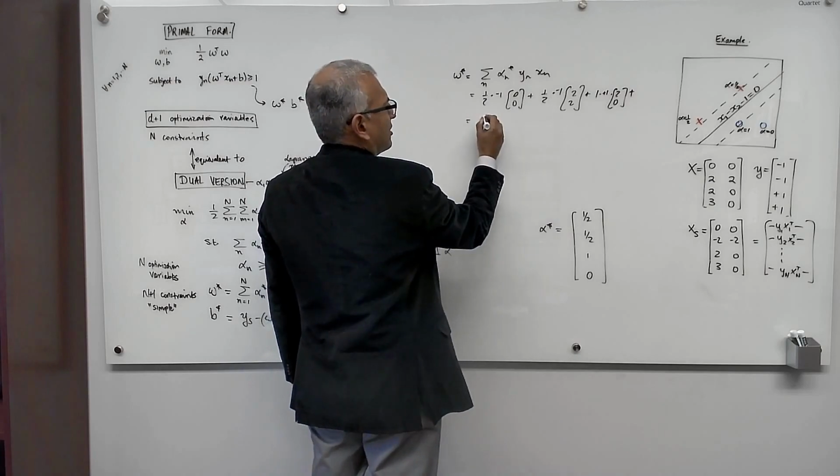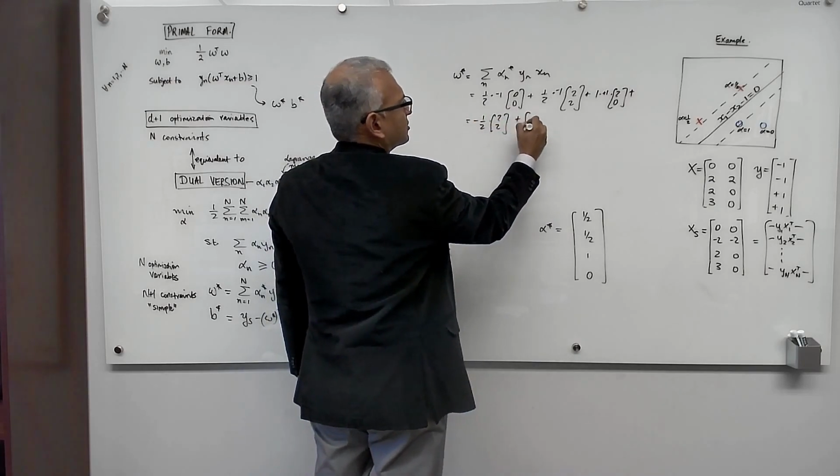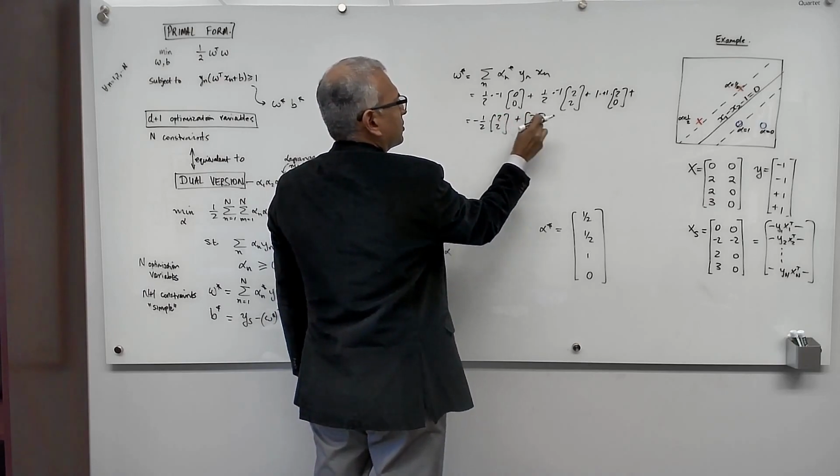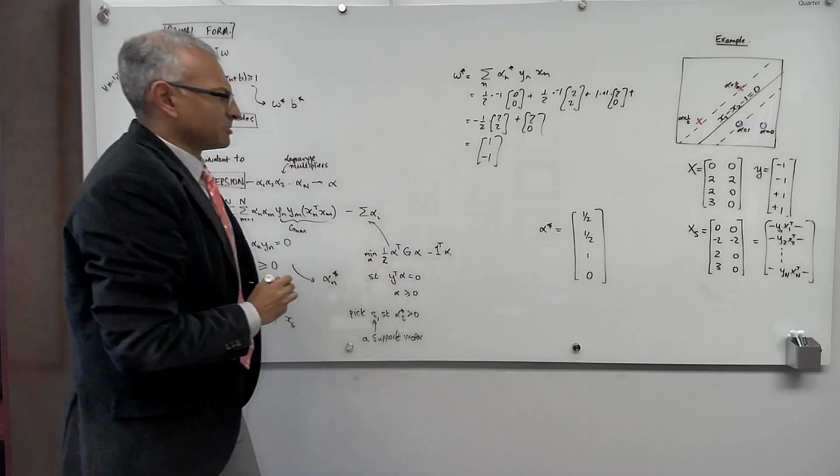So this is just -1/2 (2, 2) plus (2, 0), which is -1 plus 2, which is 1, and -1. So those are my optimal weights.